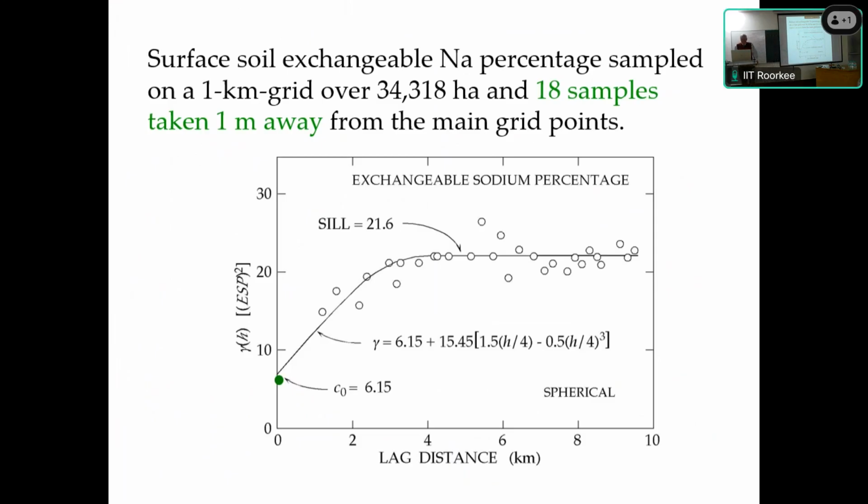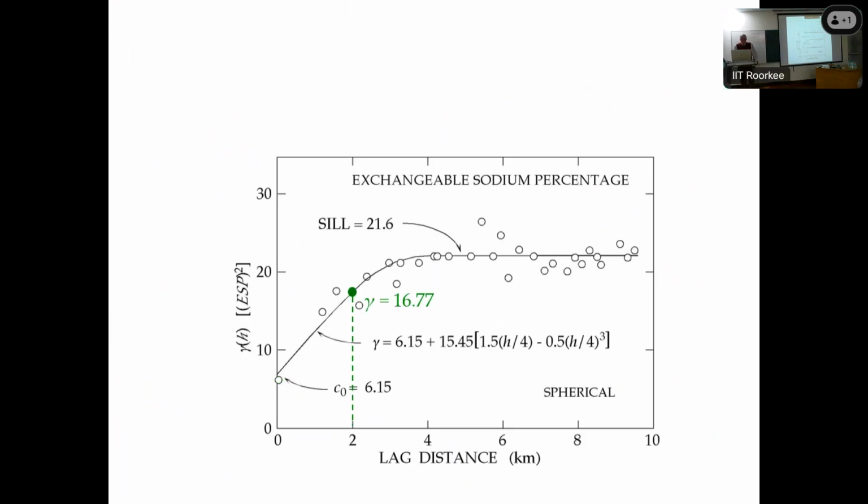And here we can use again the information from the semi-variogram to estimate what is the difference between samples that are taken over a certain distance. So let's say 2 kilometers.